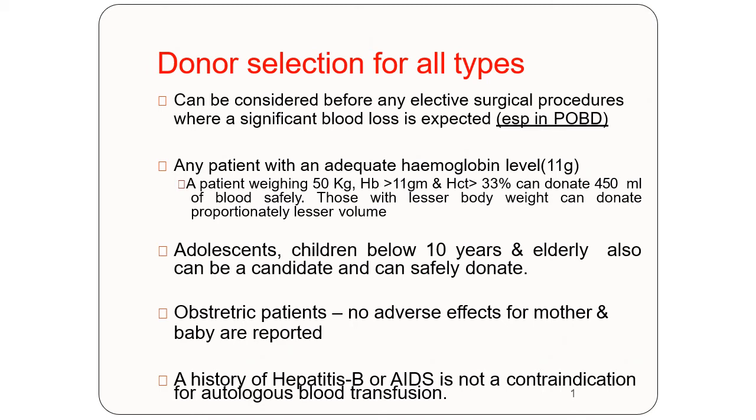If the person has low weight, he or she can give a lower volume. Adolescents, children below 10 years, and the elderly can also be candidates. Obstetric patients can also be candidates. A history of hepatitis B or AIDS is not a contraindication for autologous blood transfusion.